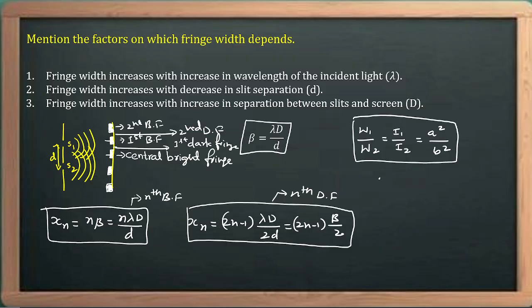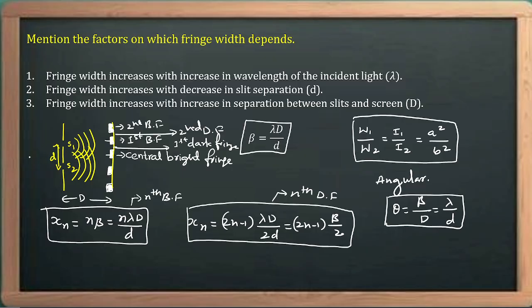Then we have the angular width formula. That is given by theta is equal to beta divided by capital D, which is equal to lambda divided by small d. Hope you know the terminologies, where lambda is wavelength, beta is fringe width, capital D is the distance between the screen and the slits, and small d is the distance between the slits.